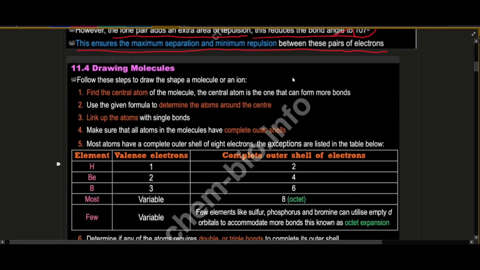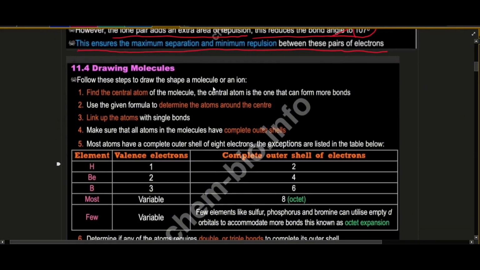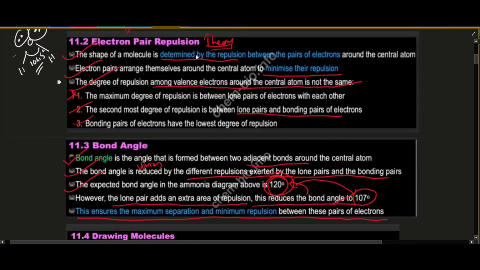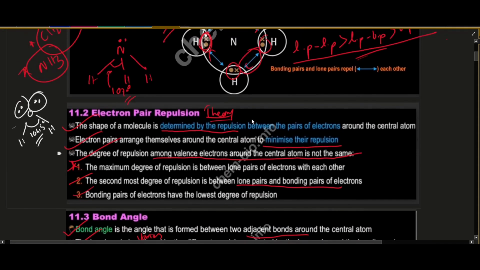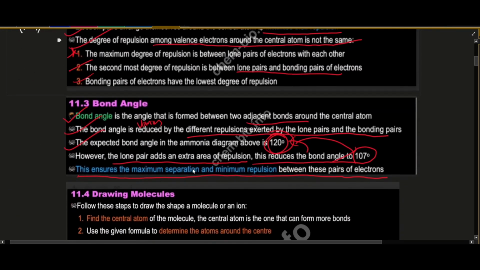Now, how can you draw the molecules? Well, it depends on a lot of ways. These are some of the steps. Minimum repulsion, what do you mean by that?